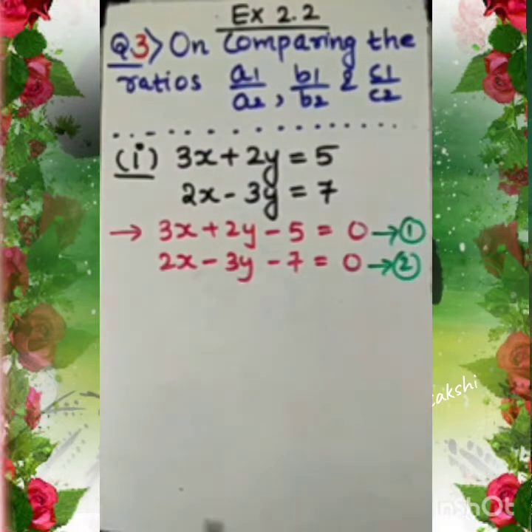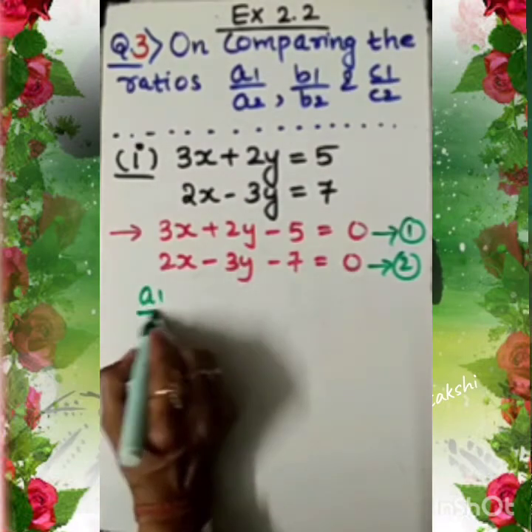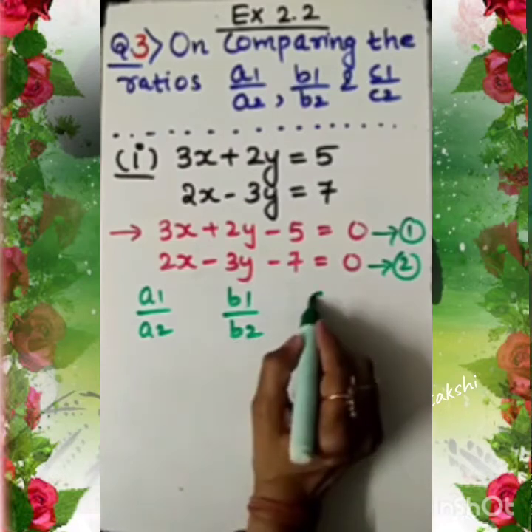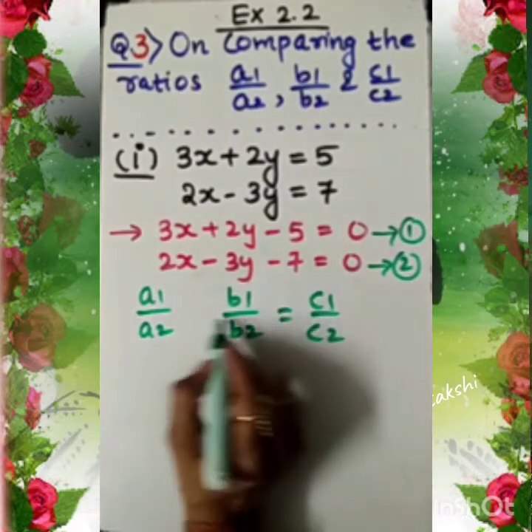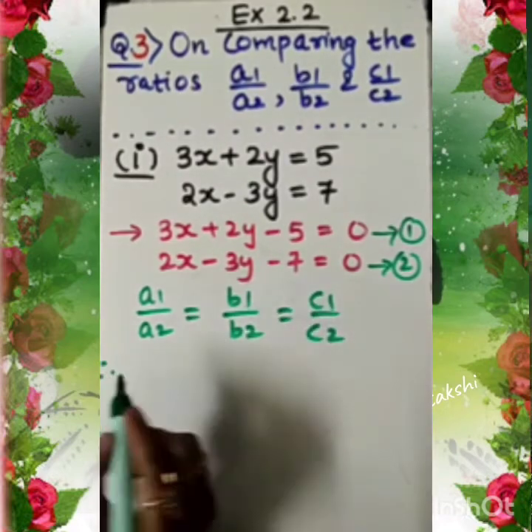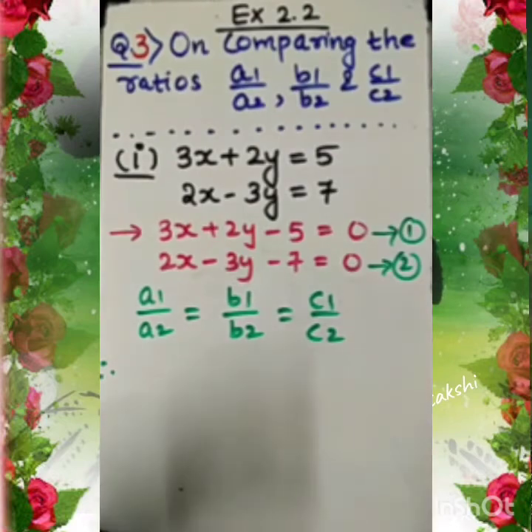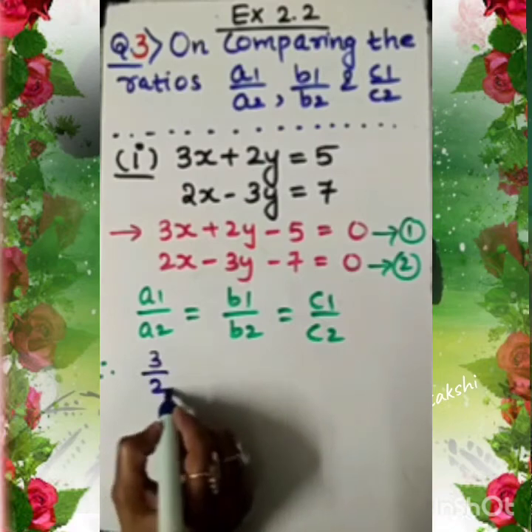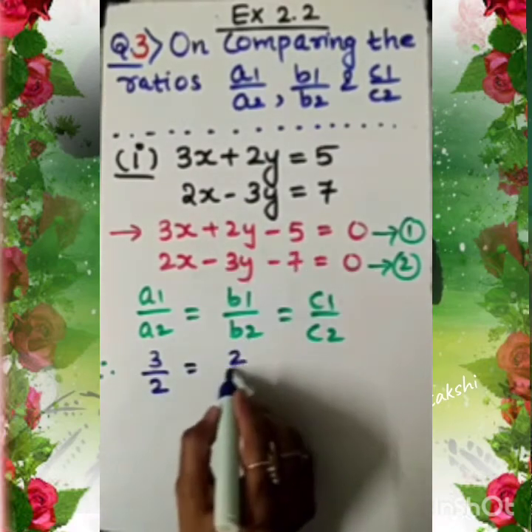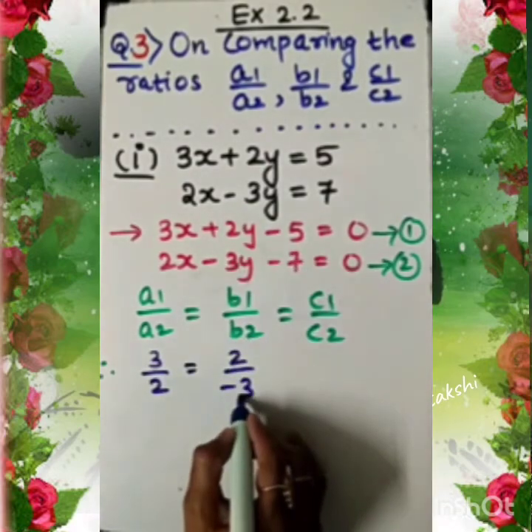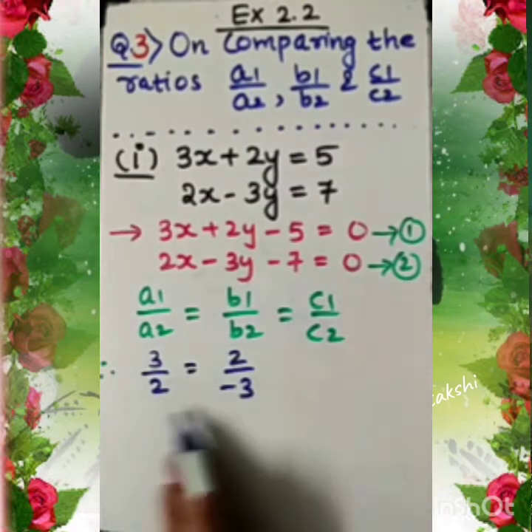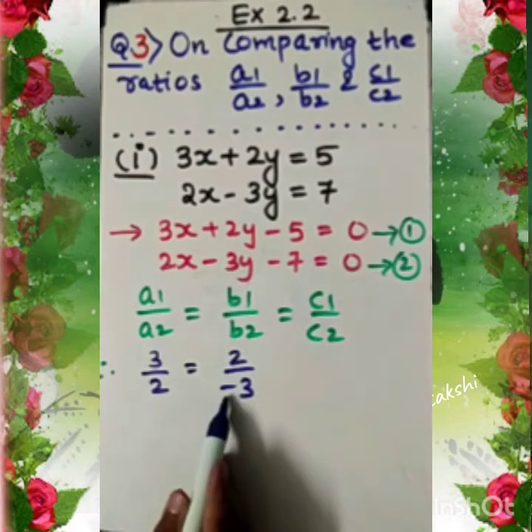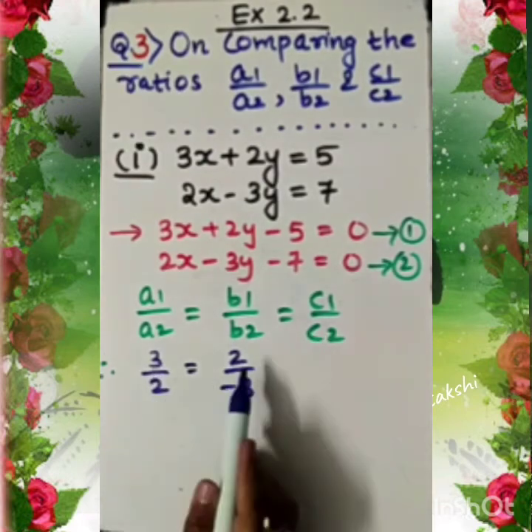Now very simple. Let me find all three ratios, and after that we will decide whether they are equal or not equal. The value of a1 by a2 is of course 3 by 2, and b1 by b2 is 2 by minus 3.